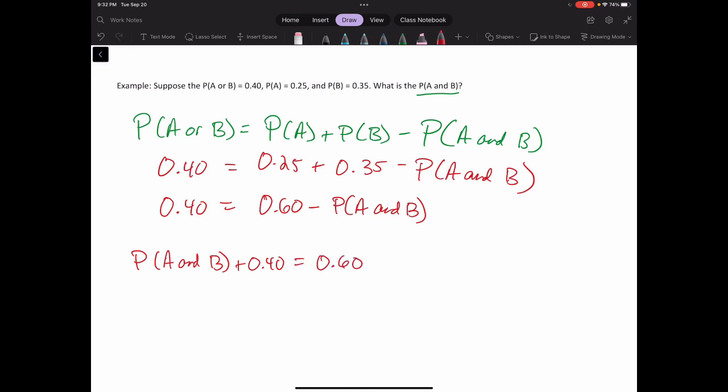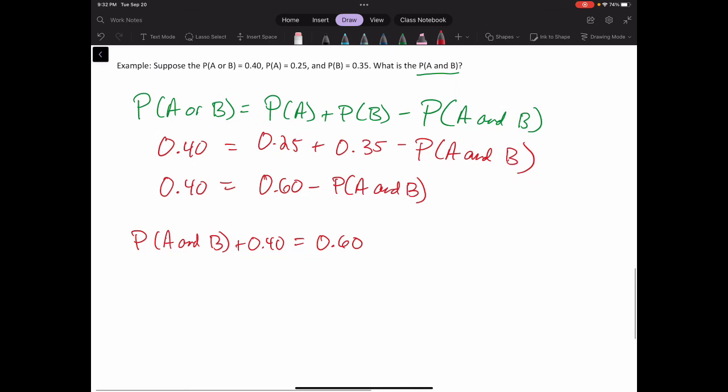And lastly, we subtract 40% from both sides of our equation. And so we get the probability of A and B equals 0.20, 20%.